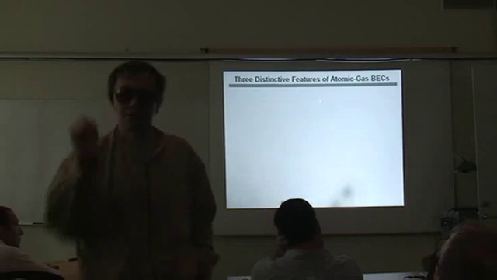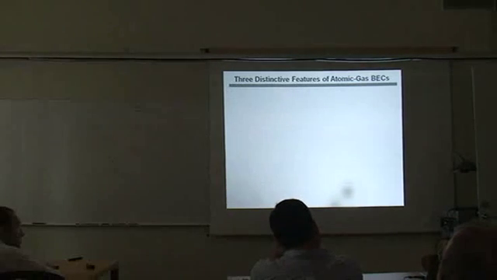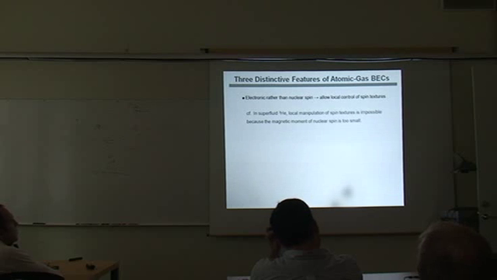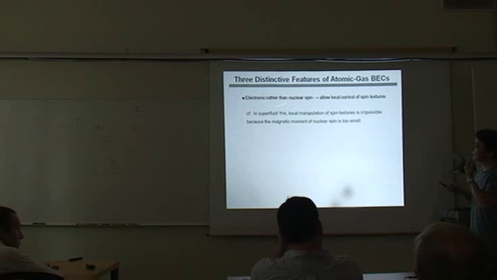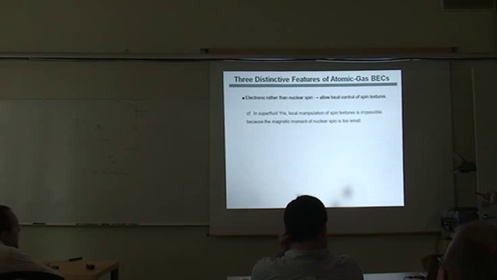There are three distinct features of atomic gas BEC. First, the system has electronic rather than nuclear spin. Magnetic moment arises primarily from electronic rather than nuclear spin, which allows local manipulation of spin textures.